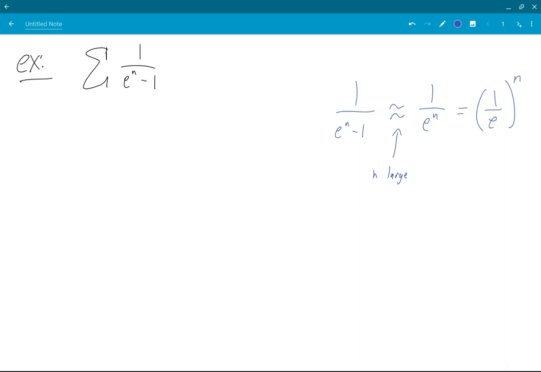Okay, but then I have to think about what is the connection? What is the inequality between these two?